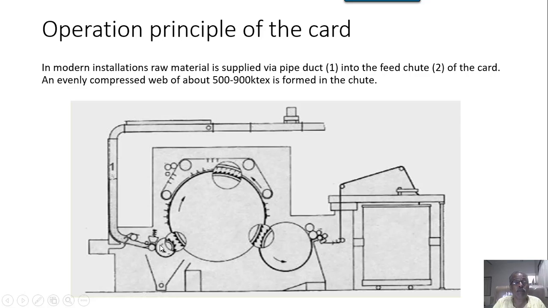We have seen the three zones in the carding machine. In fact, there are four, but primarily there are three zones. So in the feeding zone where the licker-in or taker-in breaks apart the tufts, it does not directly damage the fibers, but a reduction of the mass takes place here.